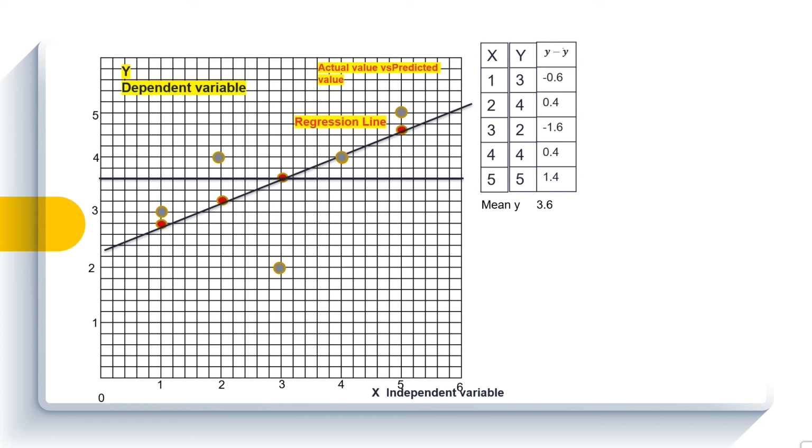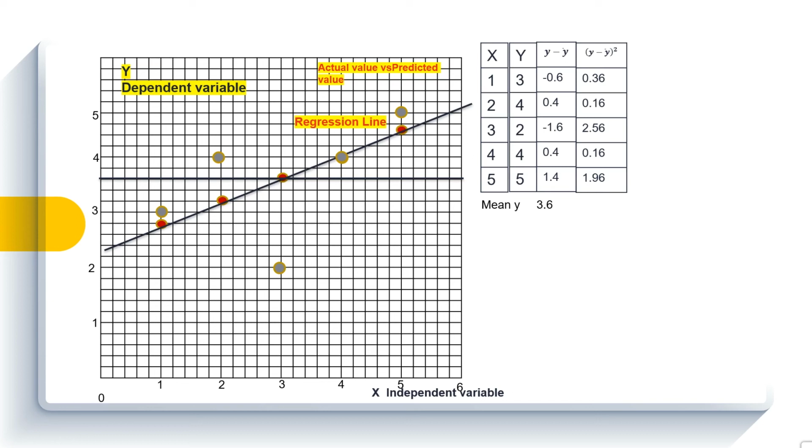So we got the value of y minus y bar. Now we take its square. So we have minus 0.6 square as 0.36, 0.4 square as 0.16, minus 1.6 square as 2.56, 0.4 square as 0.16, and 1.4 square as 1.96.